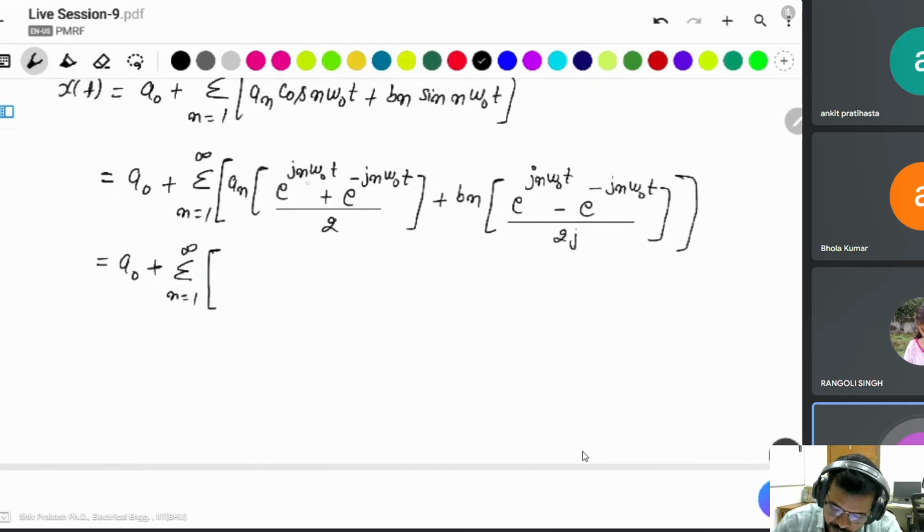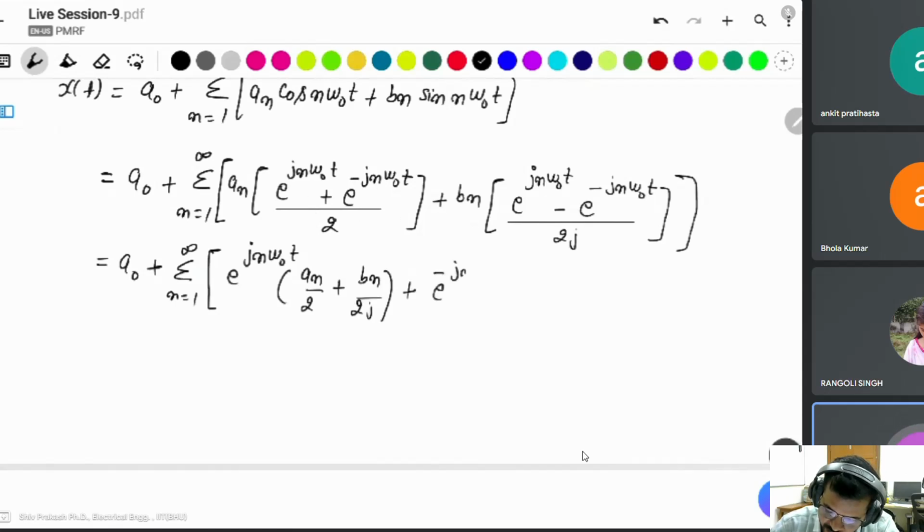You can take e^(j n omega naught t) common, then you have an by 2 plus bn by 2j remaining there. Same thing you can do for e^(-j n omega naught t).